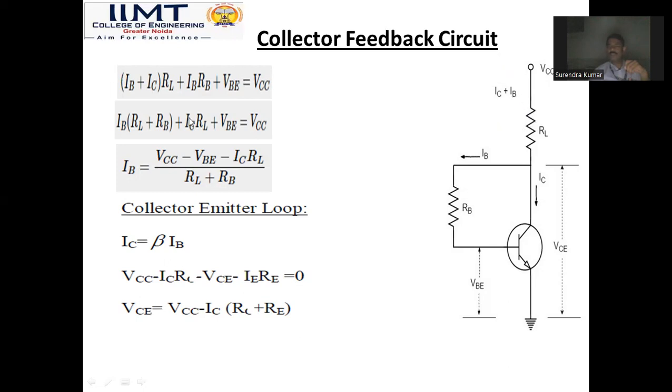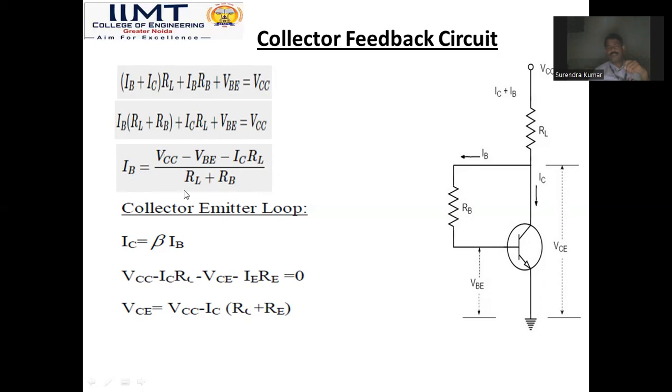So by applying KVL again in the input section, (ID plus IC) RL plus ID RB plus VB is equal to VCC, and finally we will have the current ID equal to VCC minus VB minus IC RL upon RL plus RB.